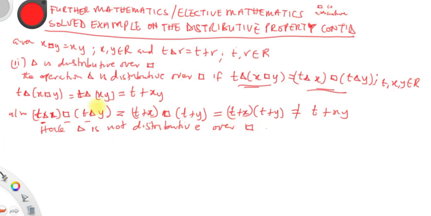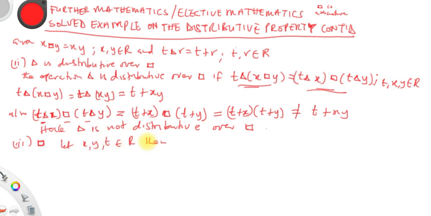The third one was saying that you determine whether the operation square is associative. So you let x, y, t belong to the set of real numbers.